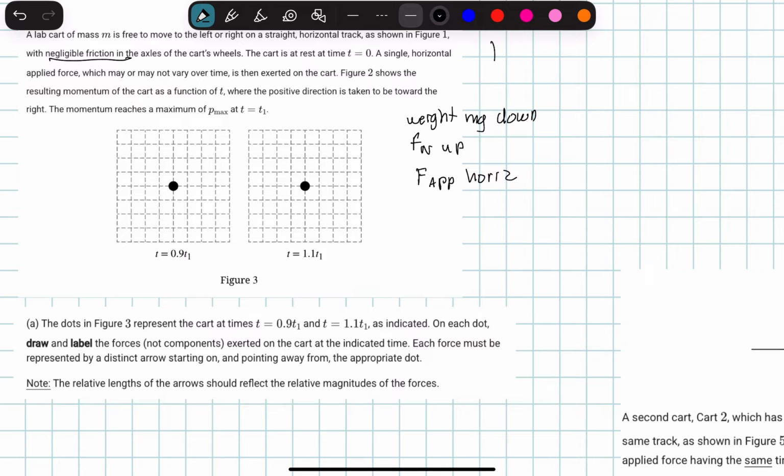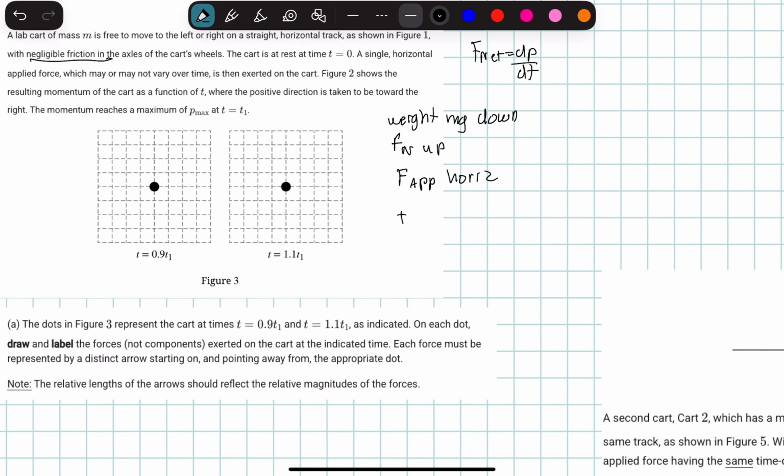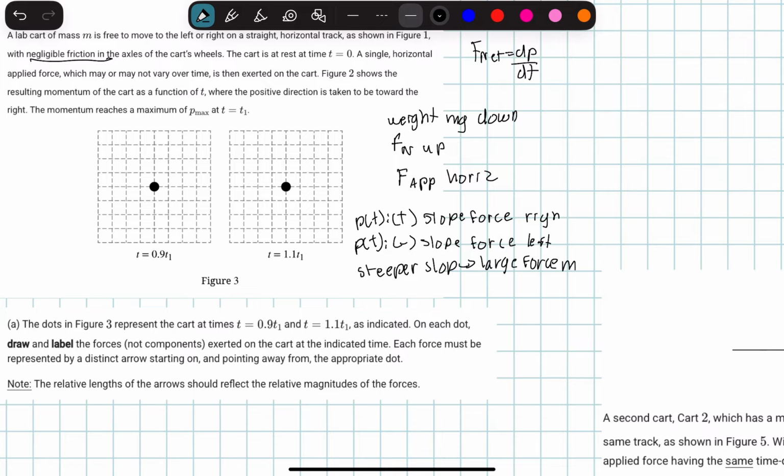Using F net equals dp dt, a positive slope means that the force is to the right. If you have a negative slope for p versus t, that means your force is to the left. And also we know that a steeper slope means a larger force magnitude.